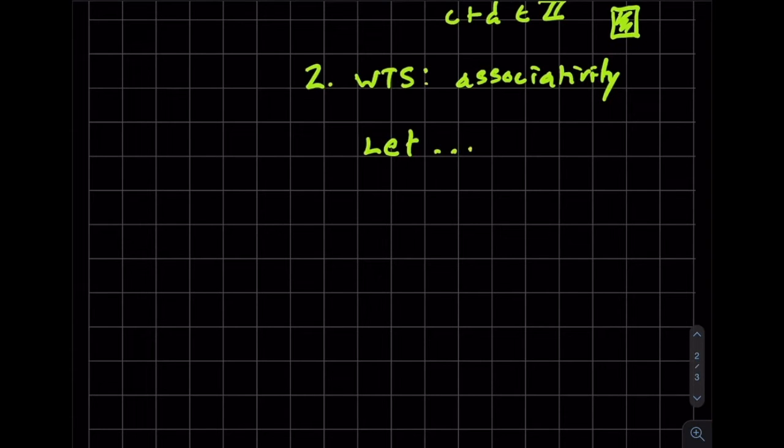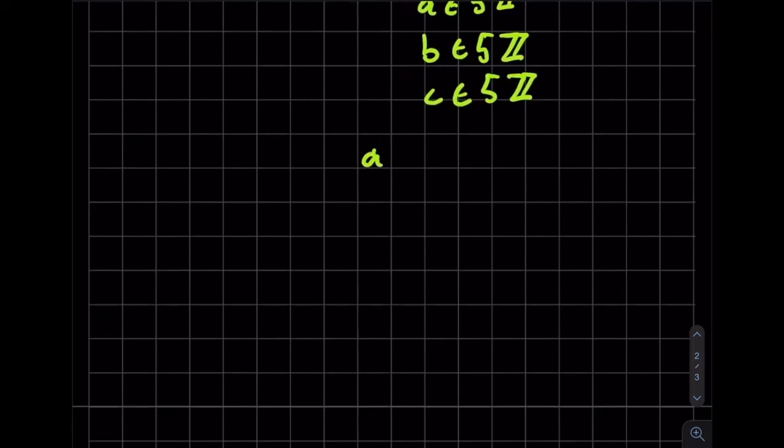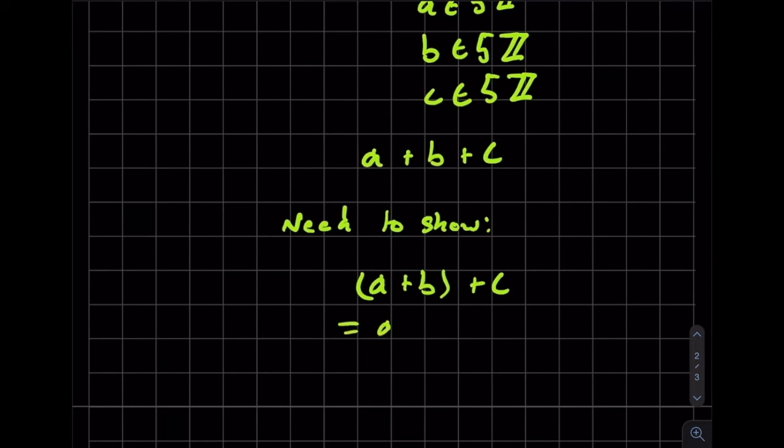Once again, we'll give ourselves some elements to work with. Let A be in 5Z, B be an element of 5Z, and C be an element of 5Z. We've got our A, B, and C to work with, and we would like to add those up. So A plus B plus C. What we need to show is that (A plus B) plus C equals A plus (B plus C), like so.